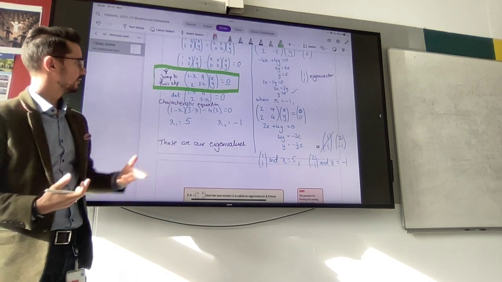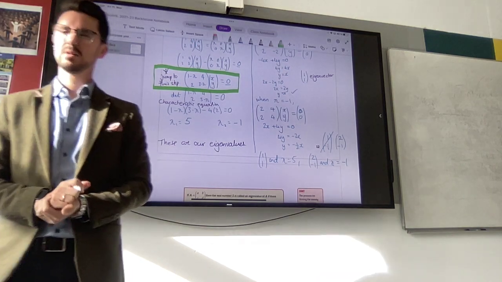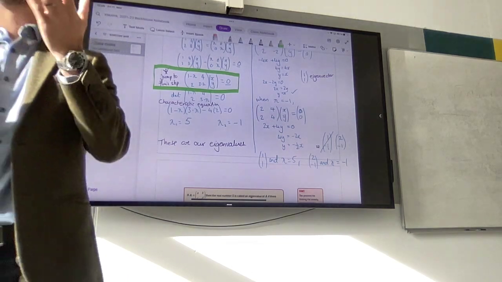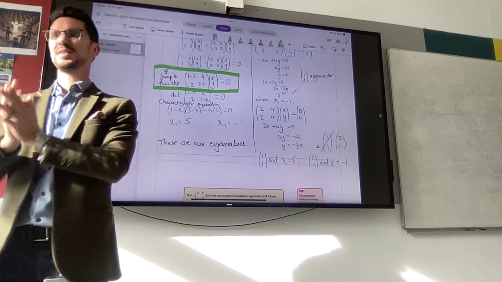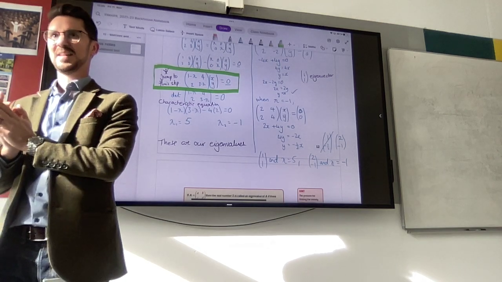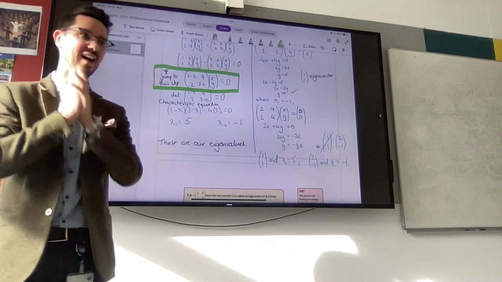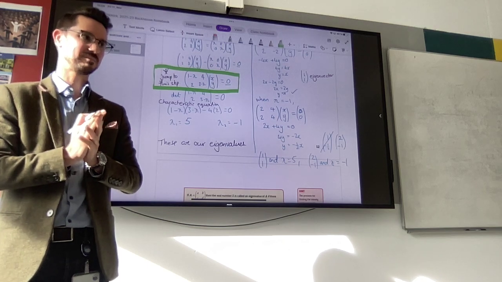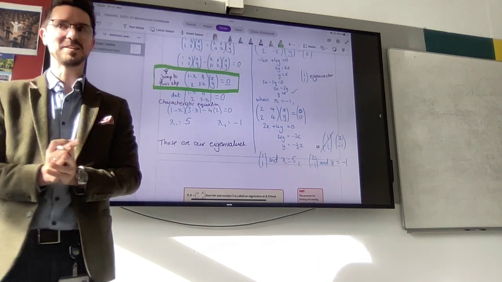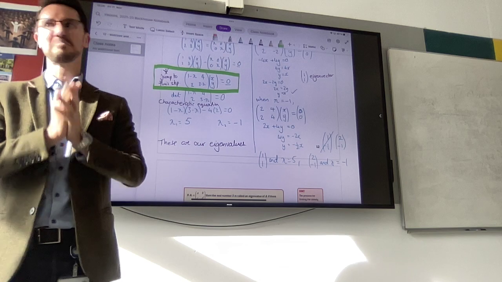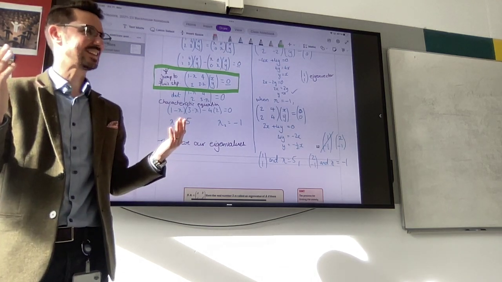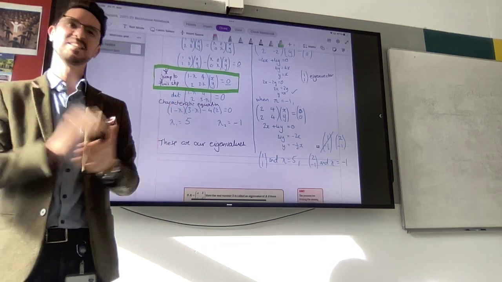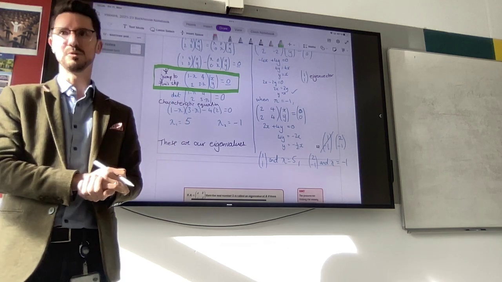After that, it is a process. It's quite a long process that you need to learn. It's a really useful process to learn because it comes up in every session of exams, at least one time every session. So you've got to learn it, okay? I'm like 99% certain it will come up in your exams this summer.